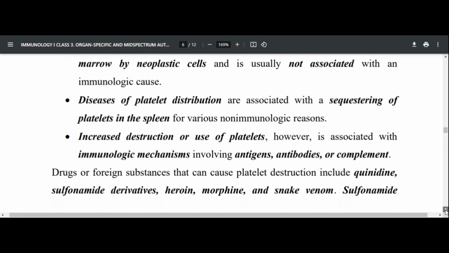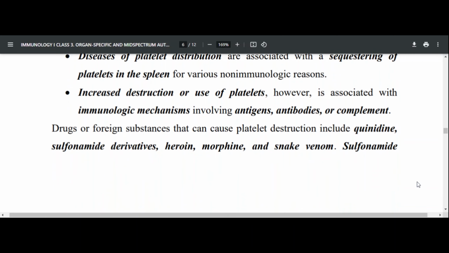Drugs can cause platelet destruction, and those drugs include quinidine, sulfonamide derivatives, heroin, morphine, snake venom, and so on. If one takes these substances or drugs, they lead to platelet destruction and, of course, thrombocytopenia.